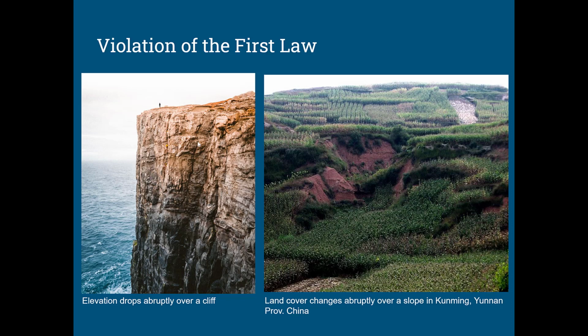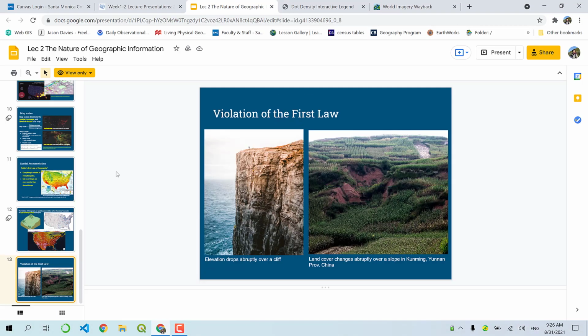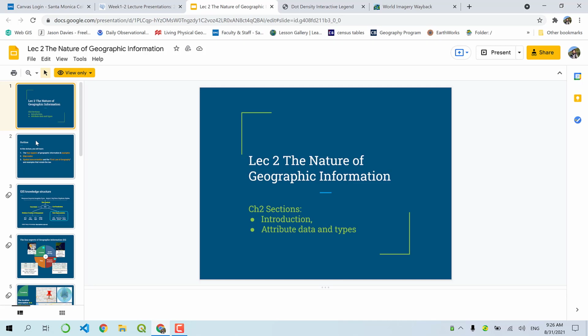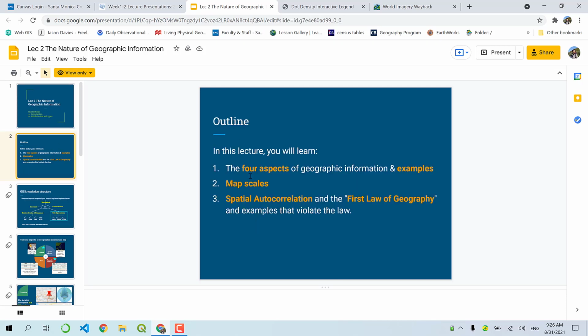Okay, so I believe this is the last slide of this presentation. We learned three things: the four aspects, location, thematic attributes, time, and topology, spatial relationship, right? And make sure you can give examples. Map scales, what's the small scale, what is large scale?